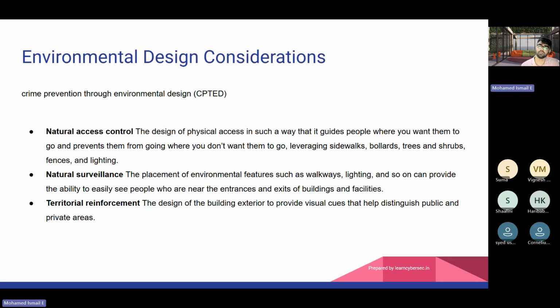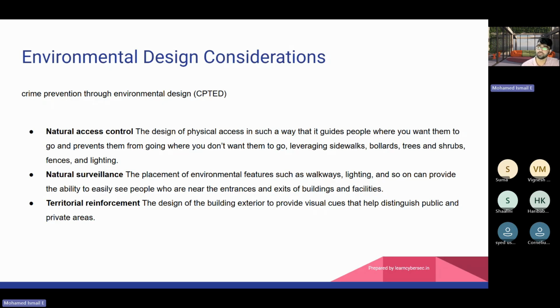All of these come into consideration, because doors and windows are where access happens, right? When you have a lift, people come and go. When you have doors, people come and go. So you need proper lighting, so that at night the CCTV cameras can surveil or capture the footage clearly. Otherwise you may not be able to see what's happening in that area, and it becomes a blind spot for crime. Now, natural access control.